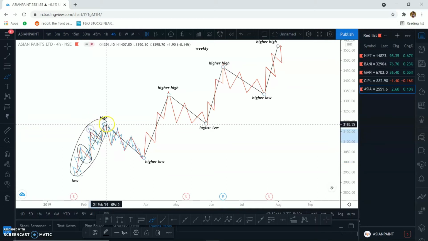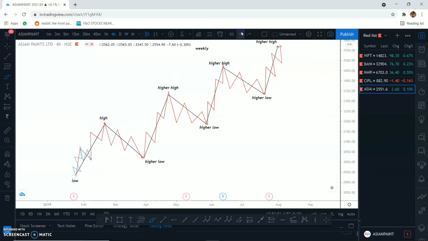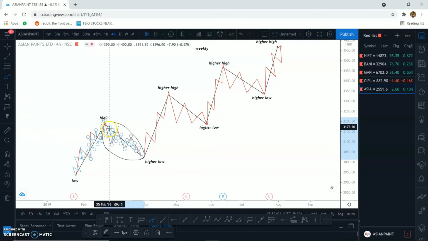When the daily is in a downtrend and the weekly is up, the 1 hour time frame goes into an uptrend for a few hours probably.